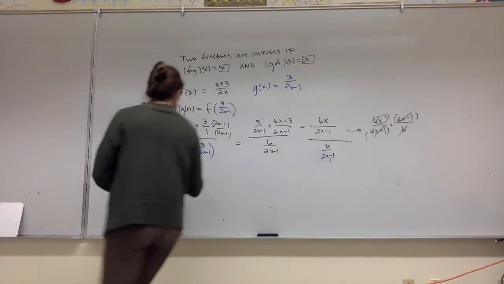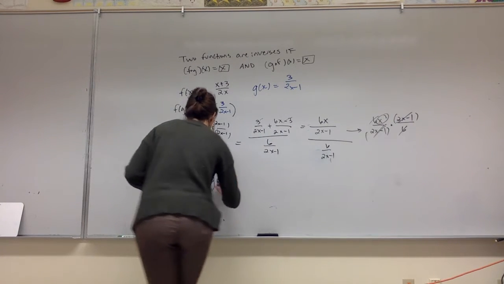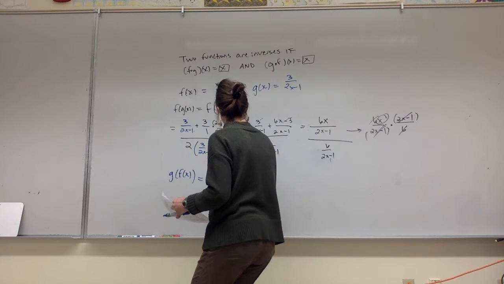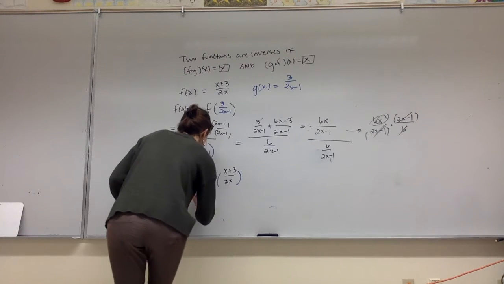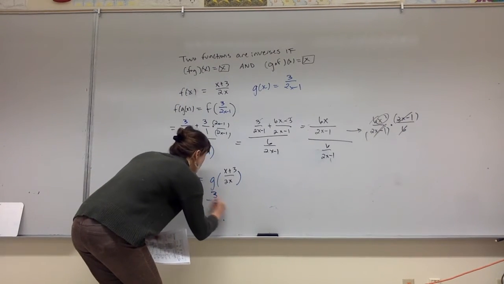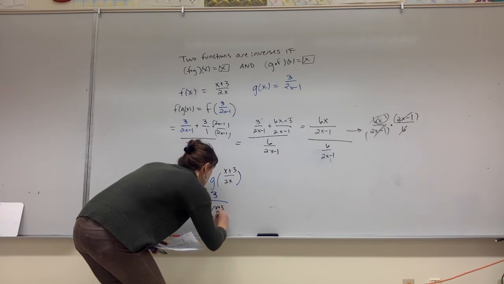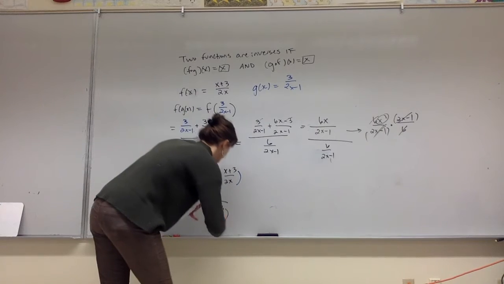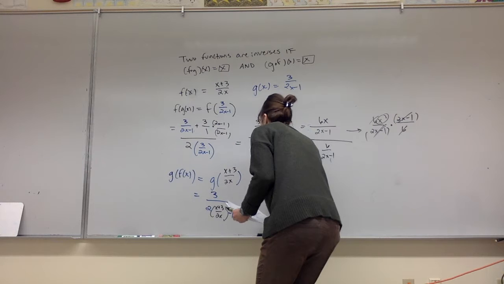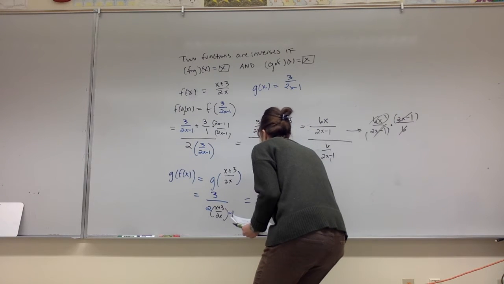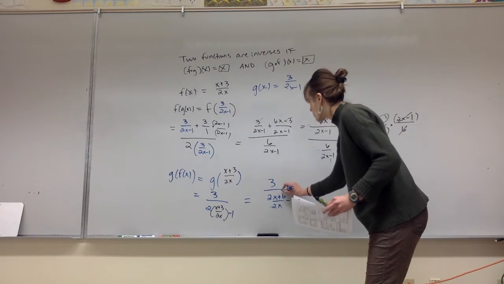So then with g of f of x, g of x plus 3 over 2x, this one's going to be a little quicker, hopefully. This equals 3 over 2 times x plus 3 over 2x minus 1. So this becomes 3 over 2x plus 6 over 2x minus 1. I have to solve for this one here.